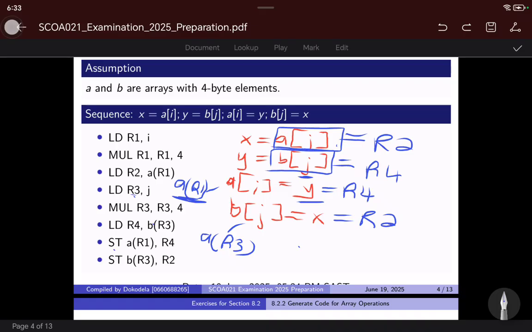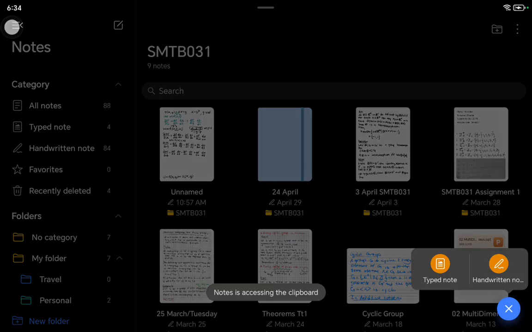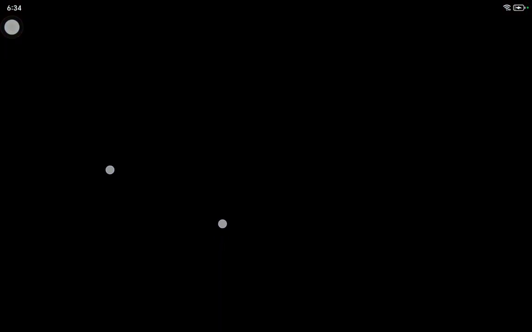If there's no question, let's look at this one. I want you to participate on this one. Let's look at this one. Let me check on the notes. What is it on the notes?